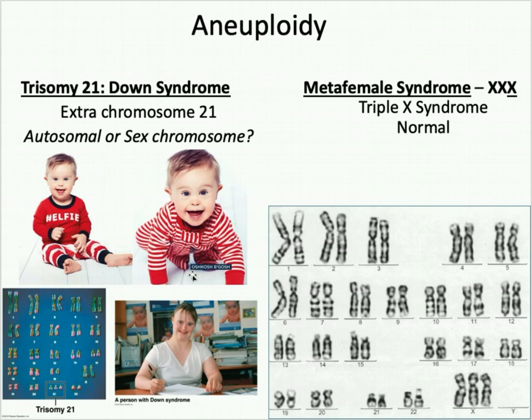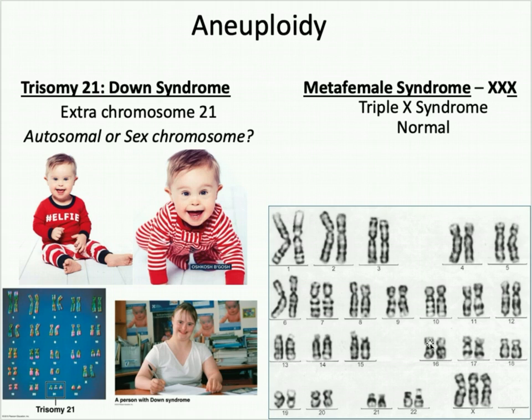So that's one syndrome. Another syndrome is called metafemale syndrome. Normal females will have 2 X chromosomes, but in this syndrome, the female will have an extra X chromosome. So that means that they are trisomy. They have 47 total chromosomes. And another name for it is the triple X syndrome.